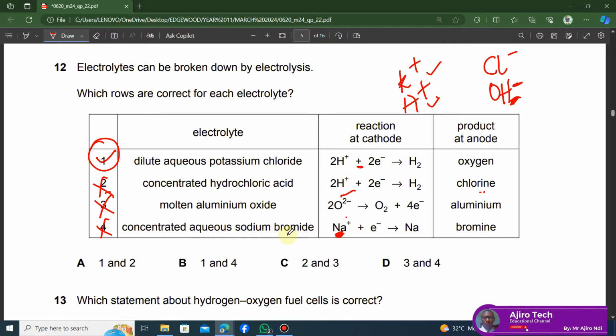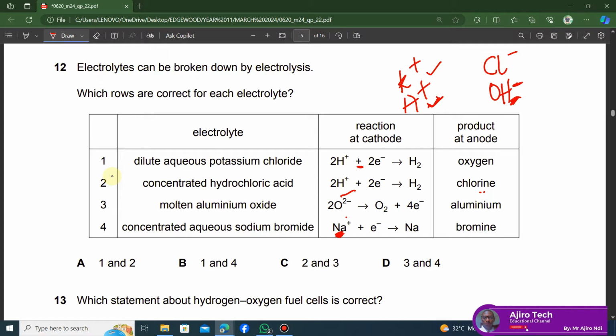Okay, so for question 12, we have that electrolytes can be broken down by electrolysis. So you can see the different ions that are involved in all of this. All right, we have the potassium ion for dilute aqueous potassium chloride, and we also have hydrogen ion as one of the positive ions that is going to the cathode in this case.